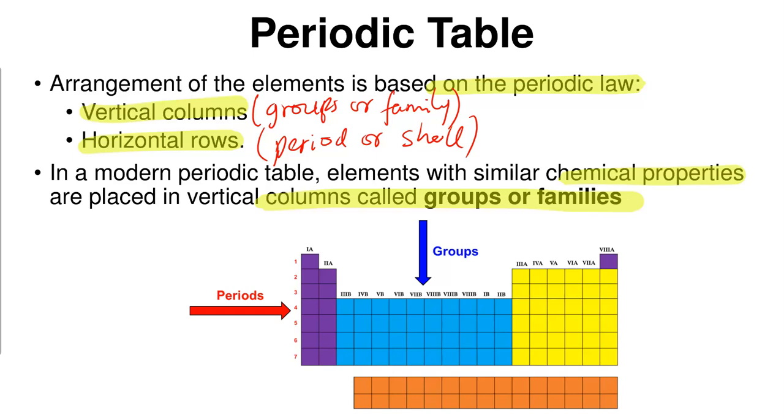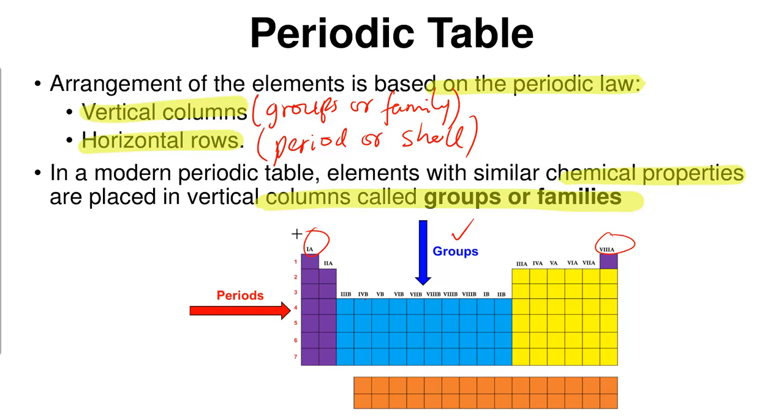The groups are the vertical columns, and according to the American designation they go 1A, 2A, then 3B, 4B, 5B, 6B, 7B, 8B, 8B, 8B, 1B, 2B, 3A, 4A, 5A, 6A, 7A, 8A. So it starts from group 1A to group 8A. We're going to talk about these designations.